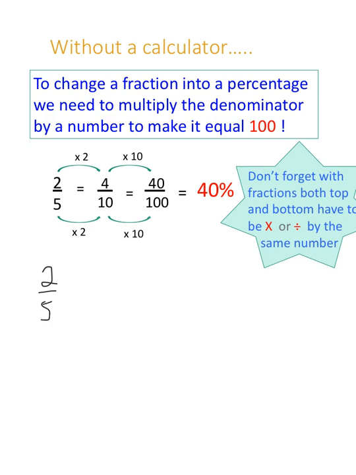To be out of 100 as a percentage, we want to change the denominator so it's out of 100. I know that 5 is a factor of 100. So if I multiply 5 by 20 and do the same to the numerator, times 2 by 20, that will give me 40 out of 100, which we know is 40%.